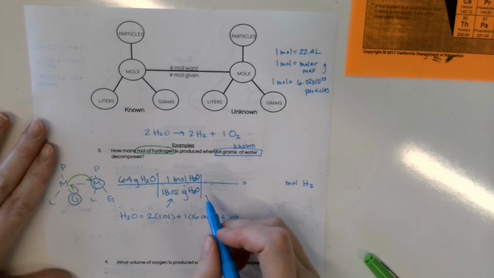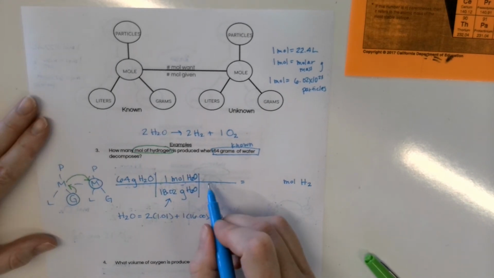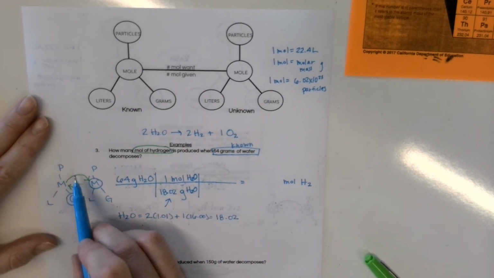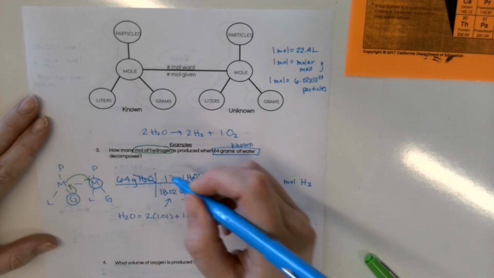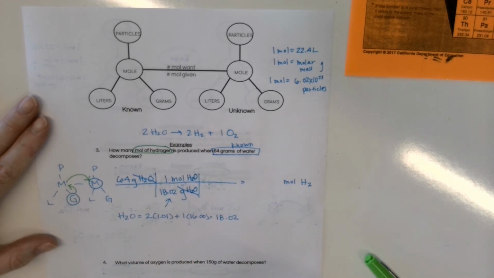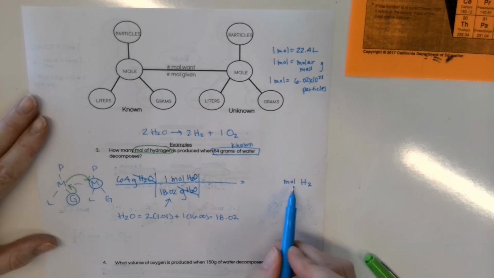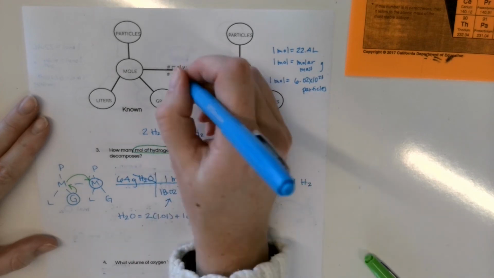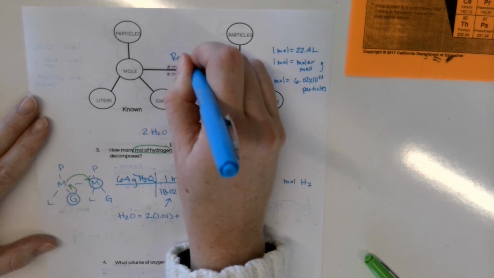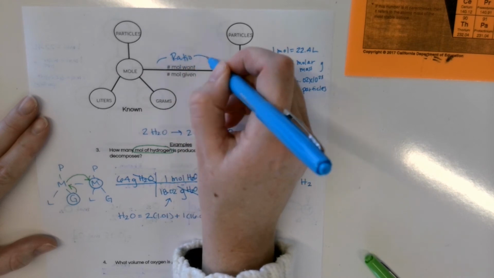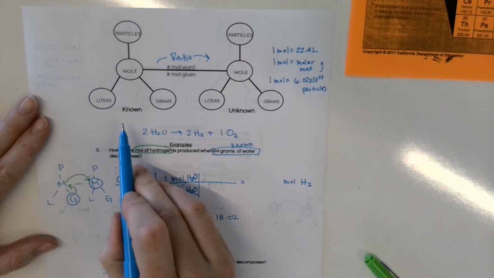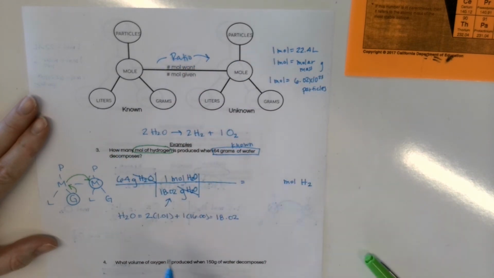All right. My next spot is I'm going to go from, and again, grams of water cancel. Now I have mole of water, and I need to go to mole of hydrogen. Here's where I get to use my ratio of the coefficients, going from our known to our unknown.